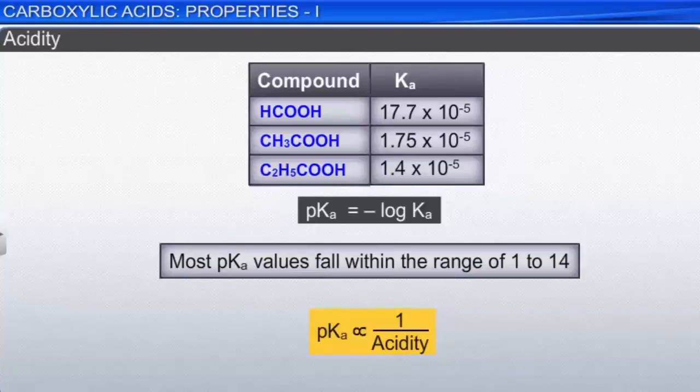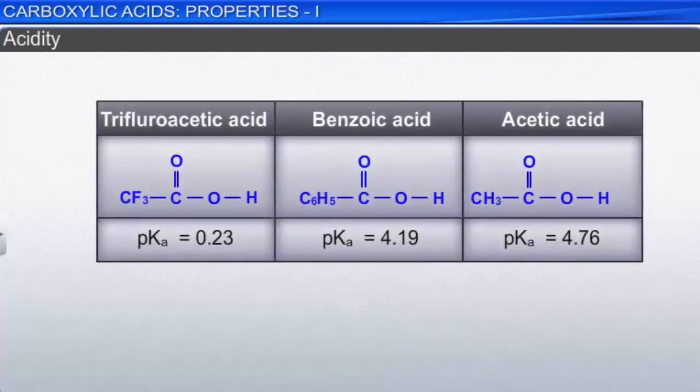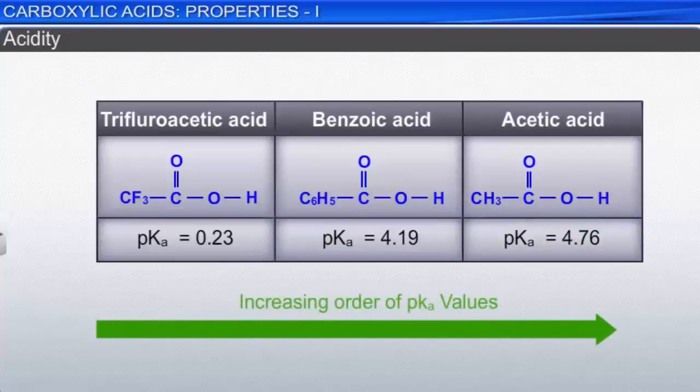For example, among trifluoroacetic acid with a pKa value of 0.23, benzoic acid with a pKa value of 4.19, and acetic acid with a pKa value of 4.76, trifluoroacetic acid with the lowest pKa value is the strongest organic acid.